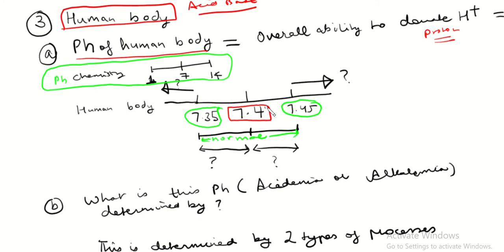So the body is always targeting 7.4. And as long as it remains between 7.35 and 7.45, I am in homeostasis, or I'm in equilibrium. If I go on either side, I get into trouble. This is what I call the trouble zone.